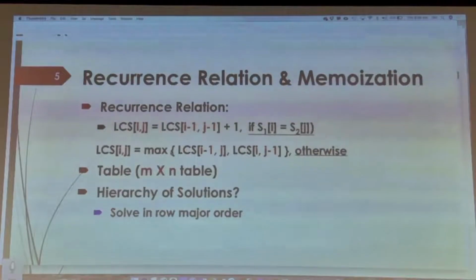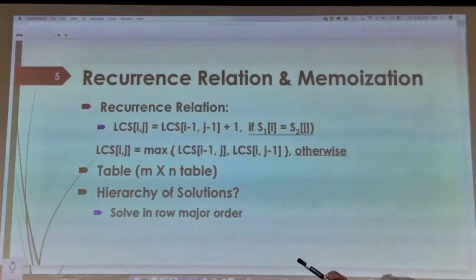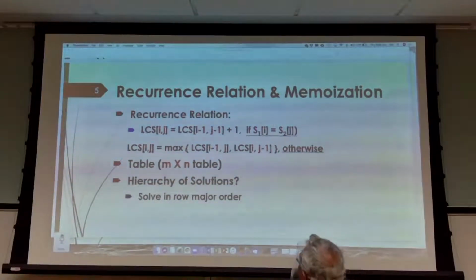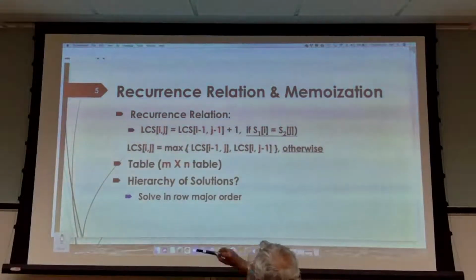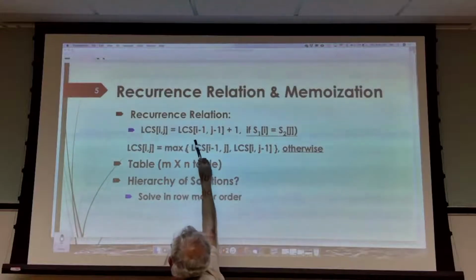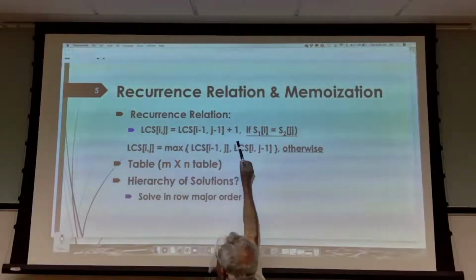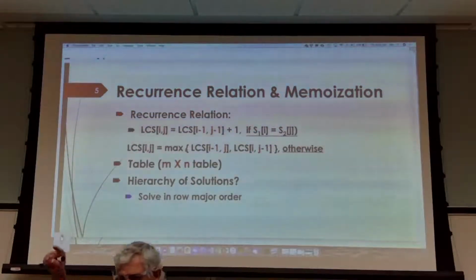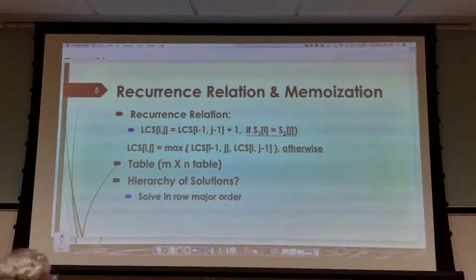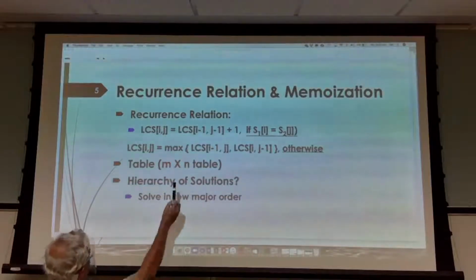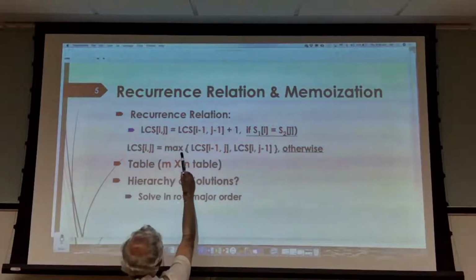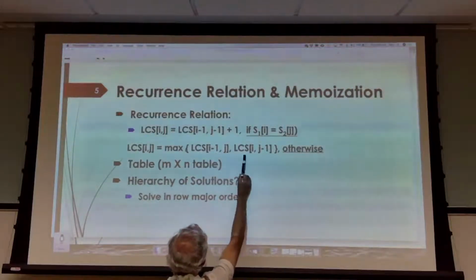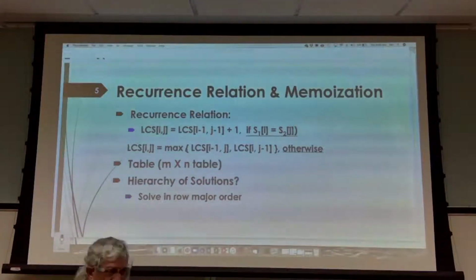So we've written a recursive solution that's roughly correct. And as I promised you before, the recursive solution essentially gives us a recurrence relation that says either LCS of i comma j is LCS of i minus 1, j minus 1 plus 1, which is going to happen if the last characters are the same, or if the last characters are not the same, it's going to be one of these two, which is LCS of i minus 1, j and LCS of i, j minus 1.